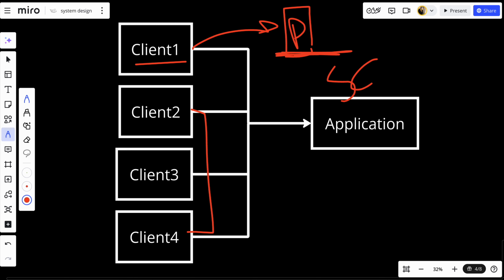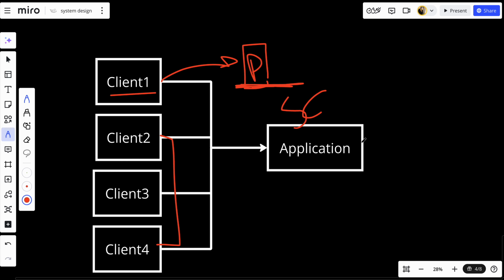The cons of this one: we have increased latency, because achieving strong consistency often involves ensuring all nodes are updated before acknowledging a write. This can lead to increased latency, especially in geographically distributed systems. So when client one tries to update the product, let's assume our application is a distributed application that has a lot of different data centers across the globe.